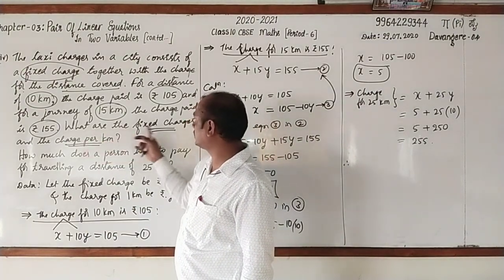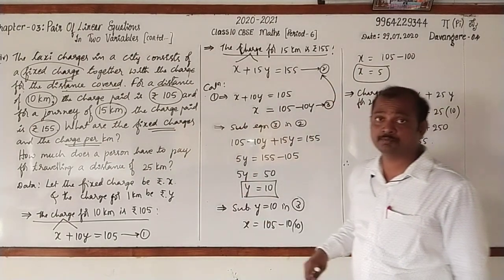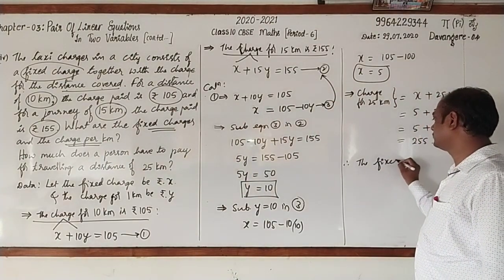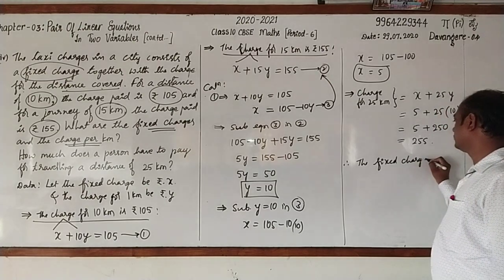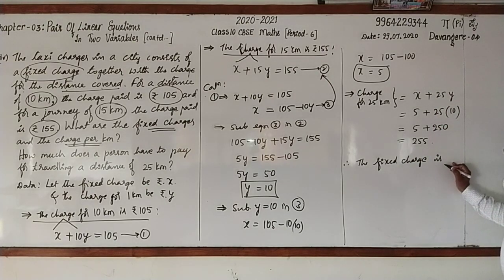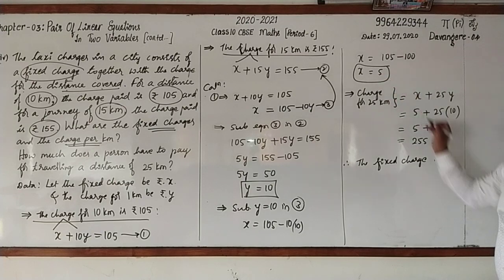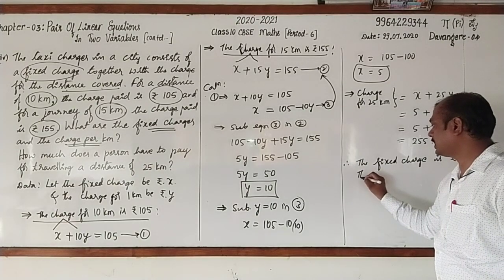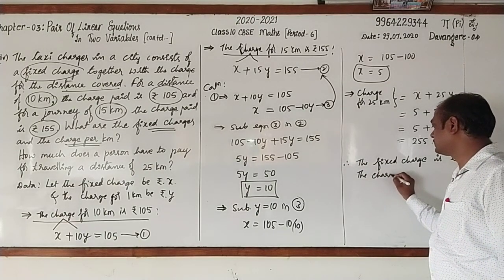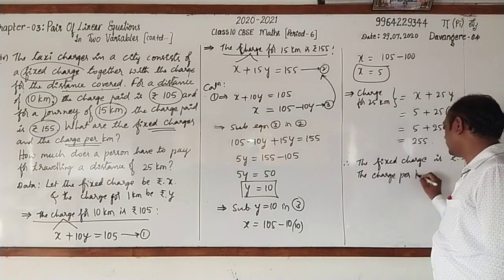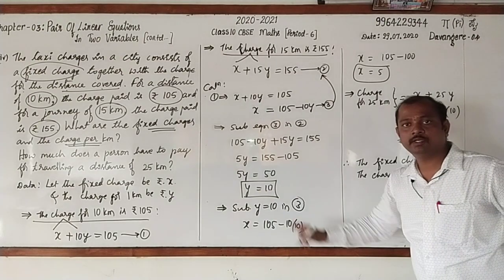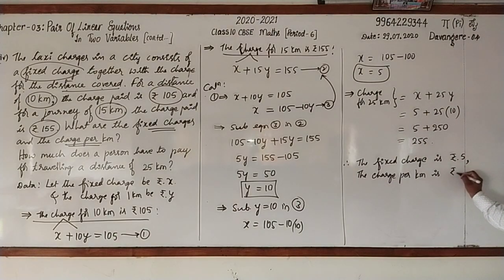Conclusion. Therefore, we have to write 3 statements in the conclusion. One is, what are the fixed charge and the charge per kilometer? I'll write: Therefore, the fixed charge is X, which is rupees 5. Next, the charge per kilometer is Y, which is rupees 10.